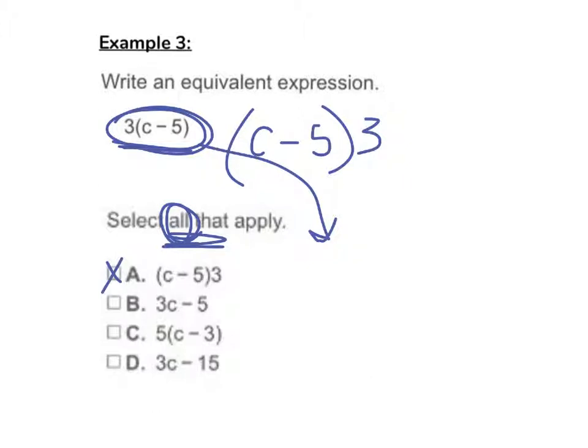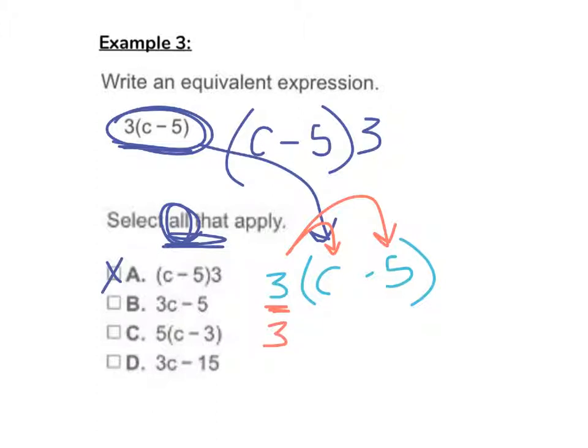So again, if we take a look at the 3 times c minus 5, this is where we want to go ahead and share the 3 with whatever is inside our parentheses. So we're going to share the 3 with the c, and that's going to become 3 times c. And we're going to share the 3 with the 5, which will become 3 times 5.